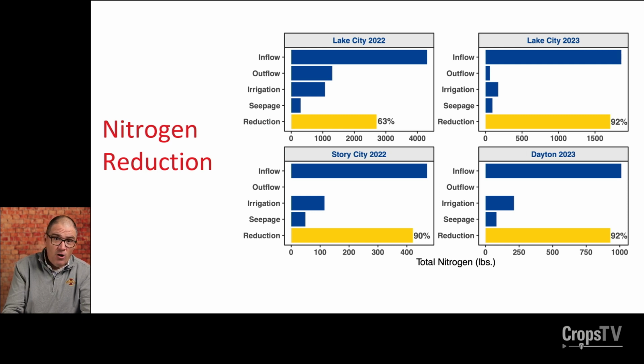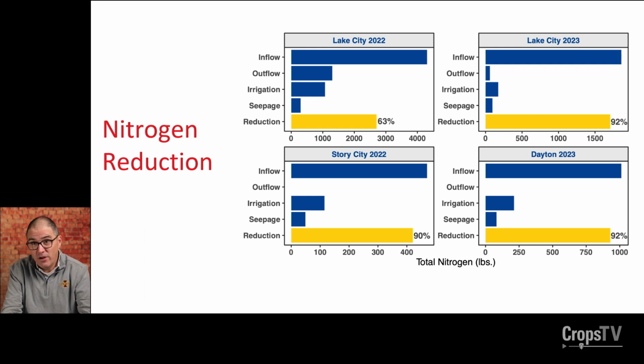If we look at the inflow versus outflow condition, we saw about a 63% reduction in total nitrogen delivery to the downstream waters as a result of that reservoir there, both from denitrification of the water that came in there, as well as using that water for irrigation. We saw that 63% reduction.